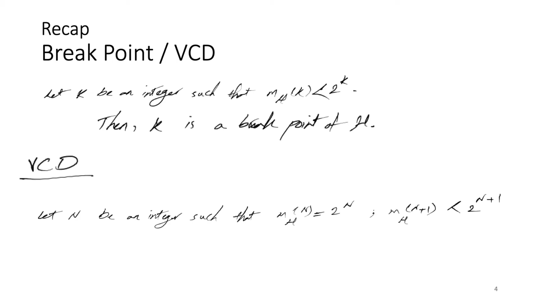And just for the recap of VC dimension, let n be an integer such that this value is exactly equal. This is equal to all the combinations of the binary values, which are 2 to the power of n. And if you add 1 to the data point, we have this condition: the growth function for one more data point is going to be smaller than 2 to the power of n plus 1.